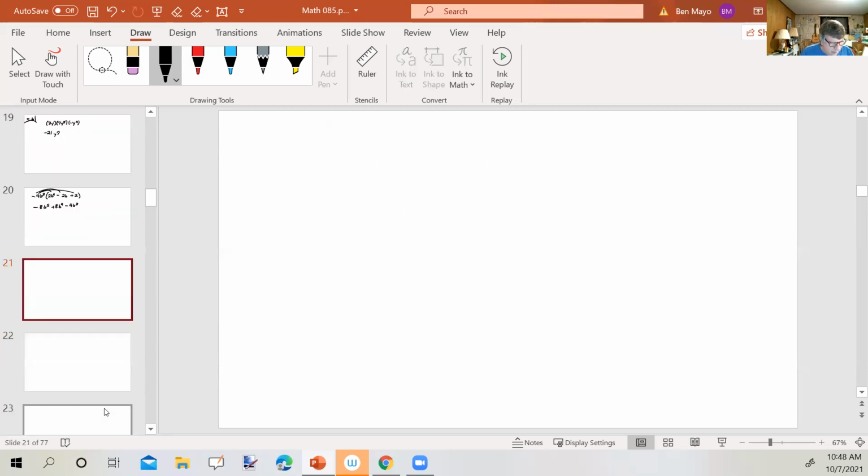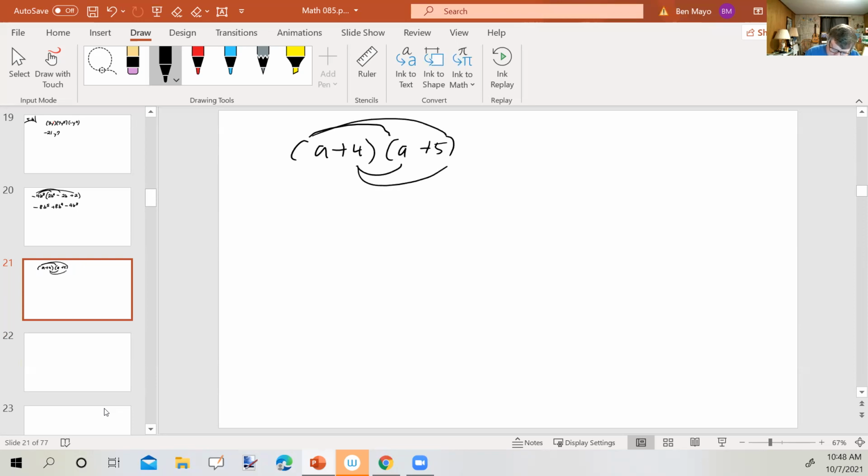Then we looked at multiplying polynomials together, something like a plus 4 times a plus 5. And the authors call this FOIL, as in first, outer, inner, and last. So we've got the first, a times a is a squared. The outer, oops, went a little too far. A times 5 is 5a.